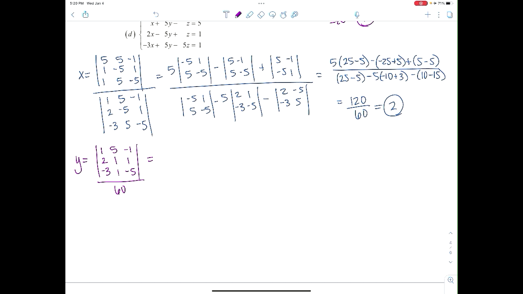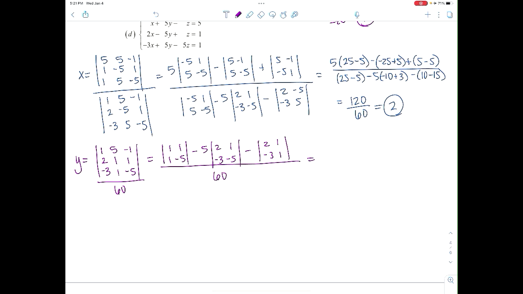This will give us the determinant of 1, 1, 1, negative 5, minus 5 times the determinant of 2, 1, negative 3, negative 5, minus the determinant of 2, 1, negative 3, 1, over 60, which is negative 5 minus 1, minus 5, negative 10 plus 3, minus 2 plus 3, over 60, which gives us 4 over 10, which is 2/5.